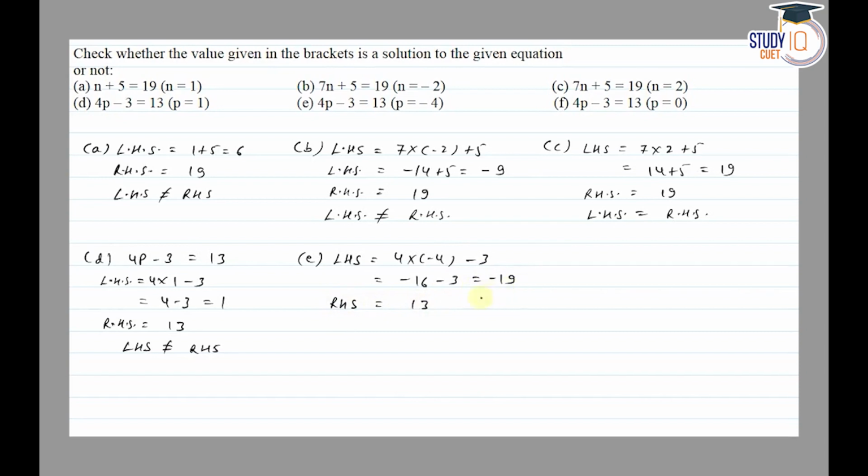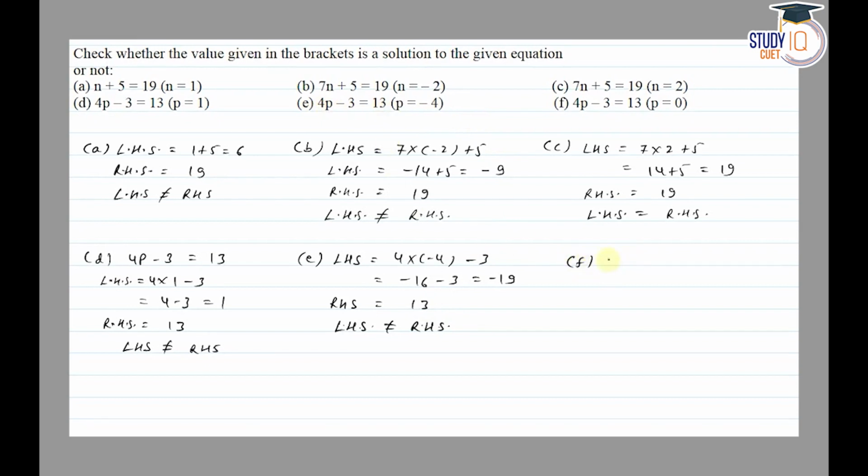So minus 19 is not equal to 13. So LHS is not equal to RHS. So p equal to minus 4 is not the solution of the equation 4p minus 3 is equal to 13.